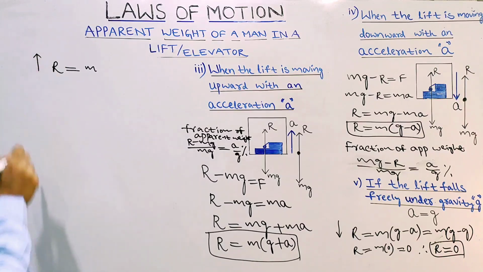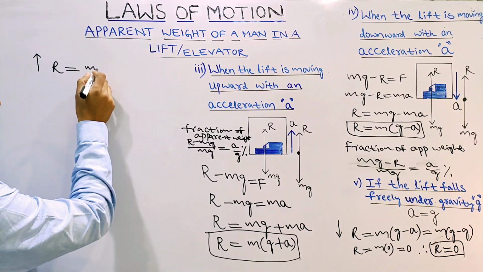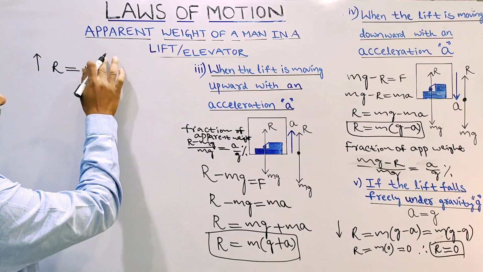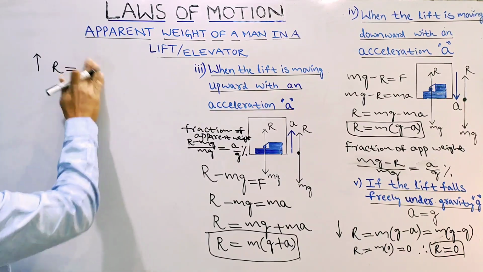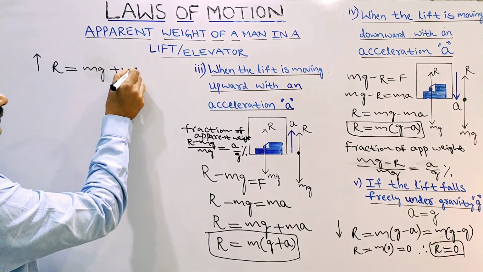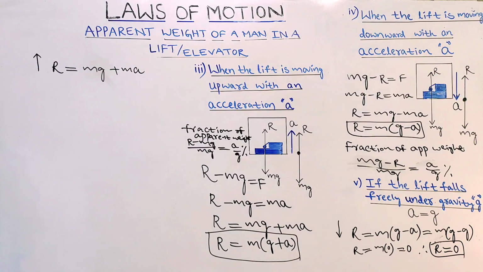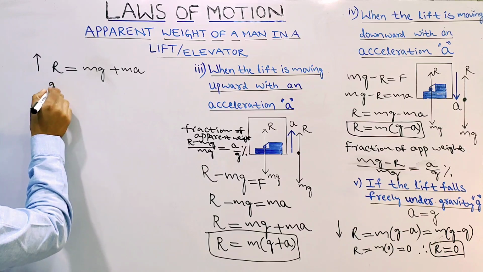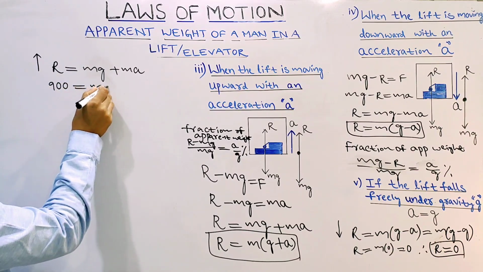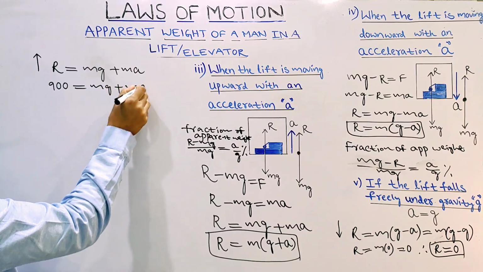It is moving upward, R equal to, so what is the formula? m of g plus a, so apparent weight R equal to mg plus ma. The R value is given as 900 newtons, so 900 newtons is equal to mg plus ma.